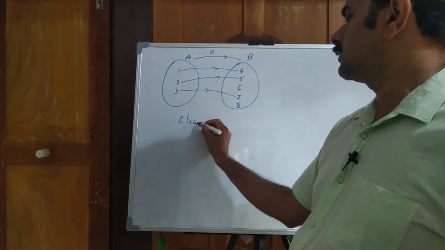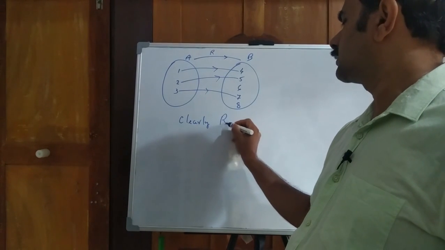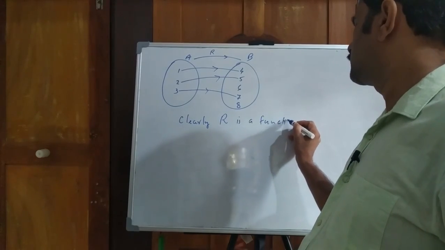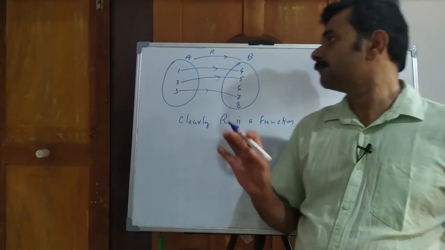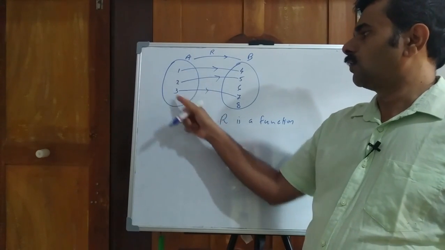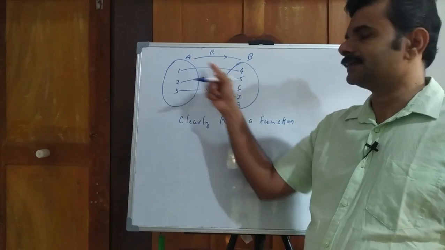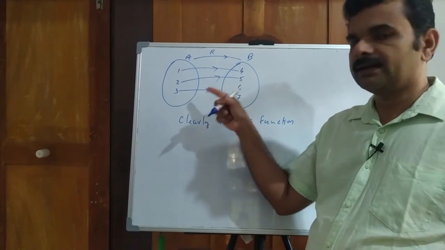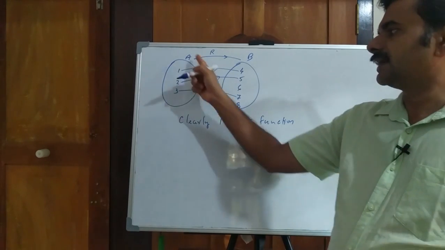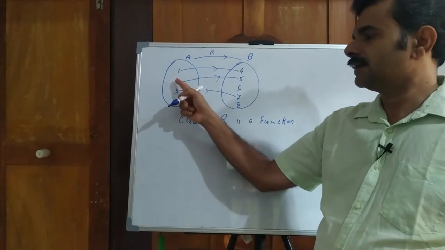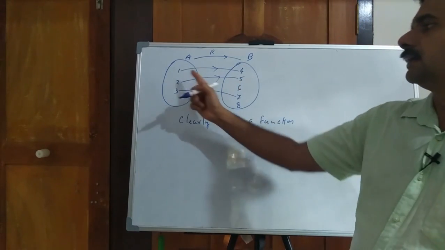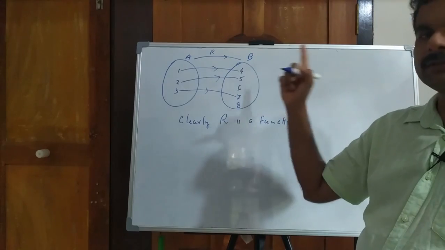Clearly, R is a function. Why? 1, 2, 3: all elements of the set A have images, and the one and only one property of image is satisfied. That is, every element of the set capital A has one and only one image in the set capital B. Image of 1 is 4, which is unique.